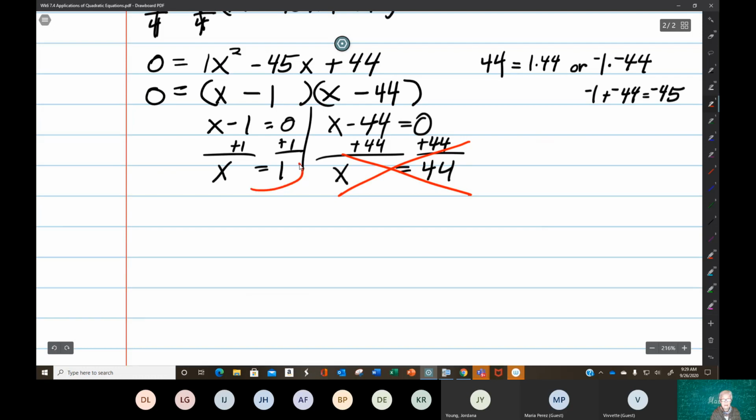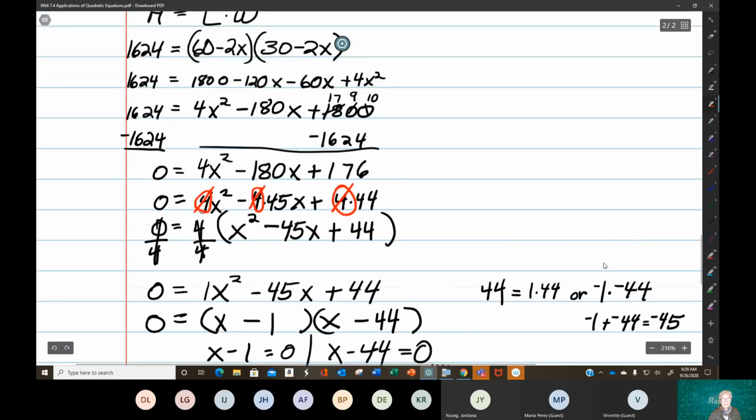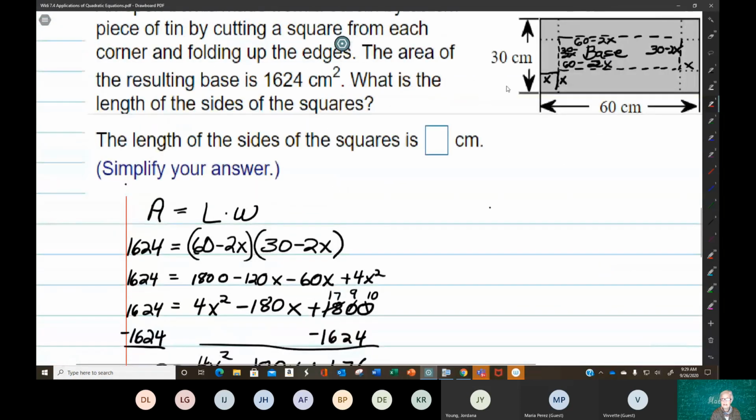So 1 is going to be our answer. x, the length of the side of the little bitty square cut out of the corners, is going to be 1 centimeter.